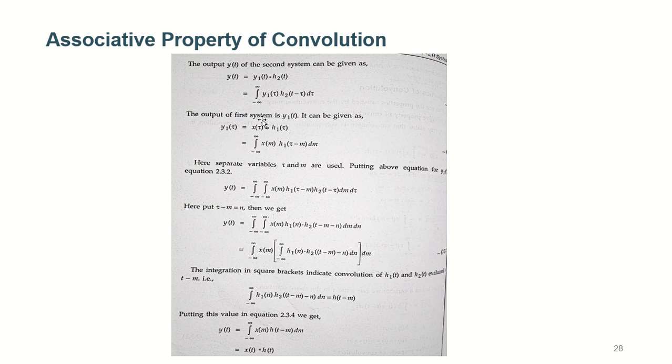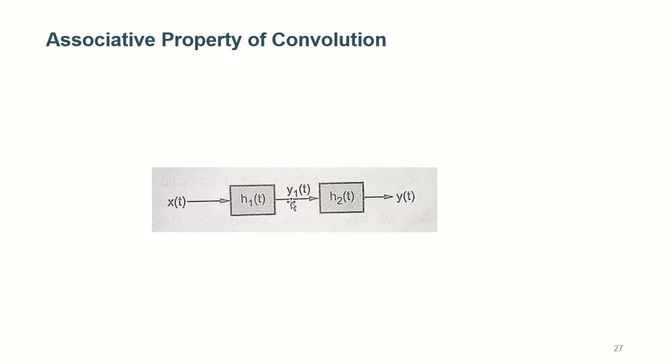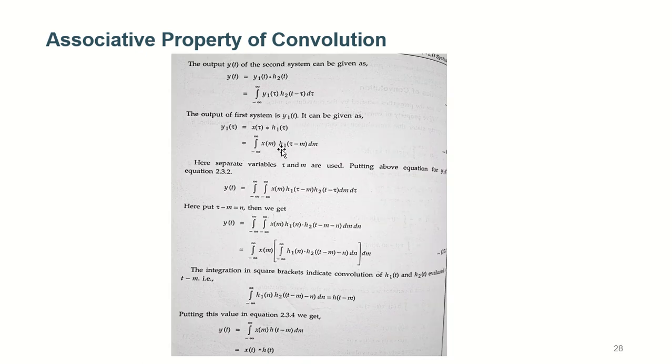And come back here again, what is y1 of t? It is again the convolution of x of t and h1 of t. So we write y1 of tau is equal to x of tau convolution h1 of tau, and again we write the convolution formula: the integral from minus infinity to infinity of x of m h1 of tau minus m dm.